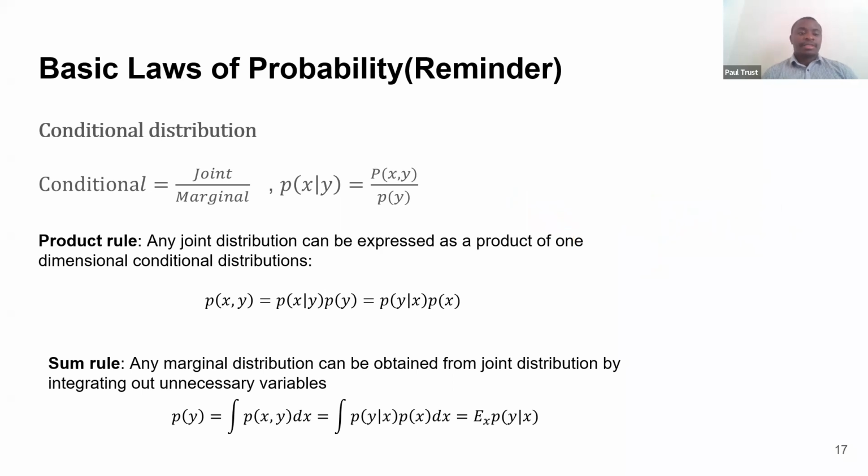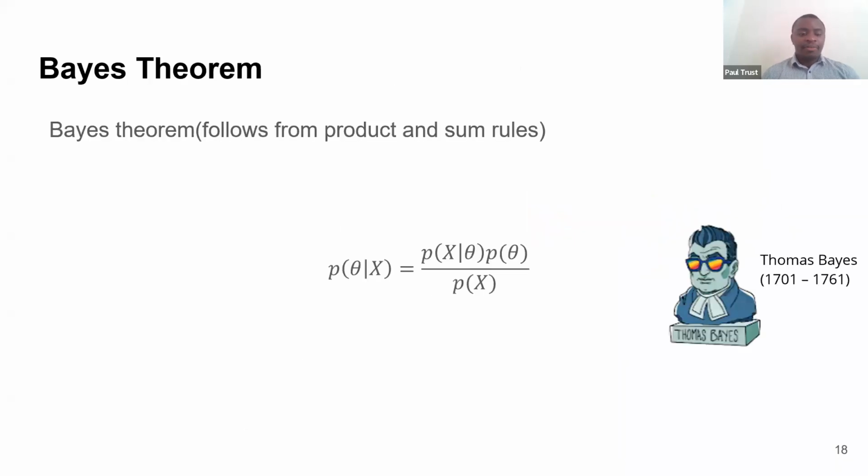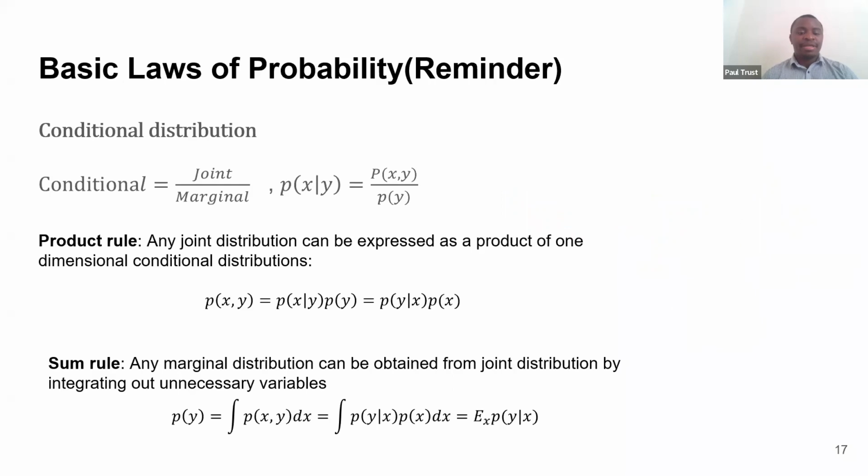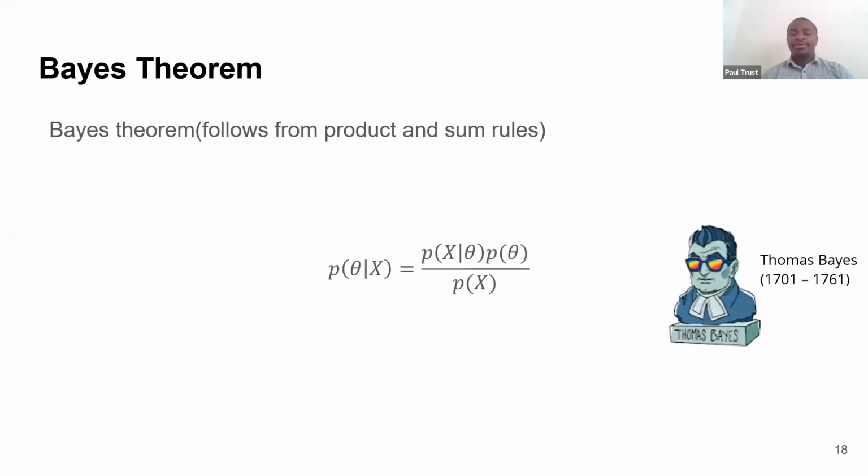So from these two basic probability rules, there comes a very important law by Thomas Bayes. By the way, this work first appeared in his paper. It was a very critical, important work. He actually died before people looked at this important theorem.